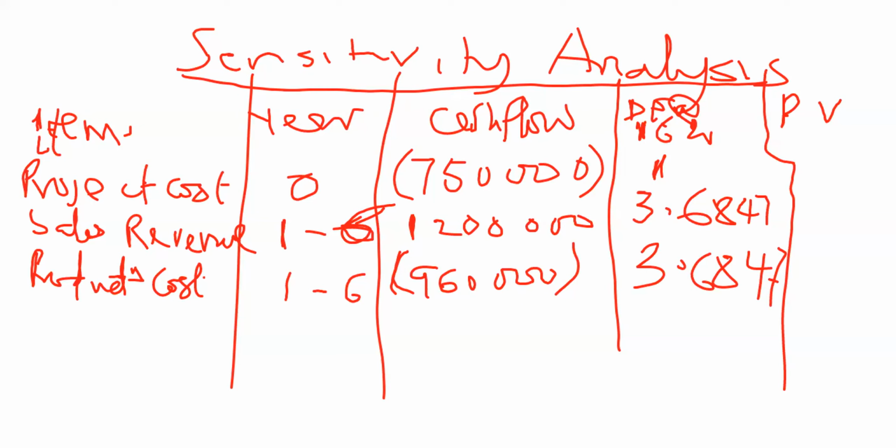But let's multiply this. This first one is 750,000. Is it clear? Yes, sir. So help me multiply the other one. 1.2 million times 3.6847.